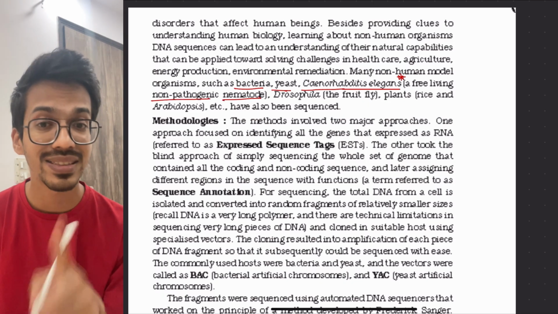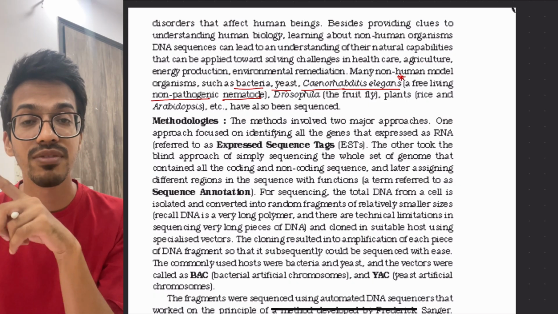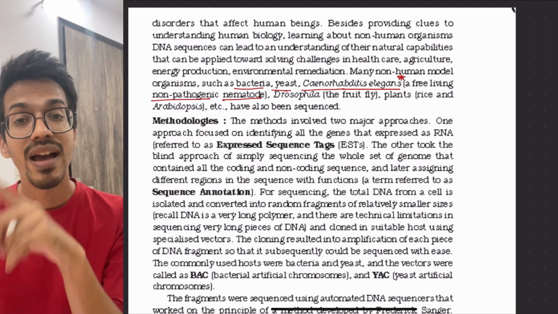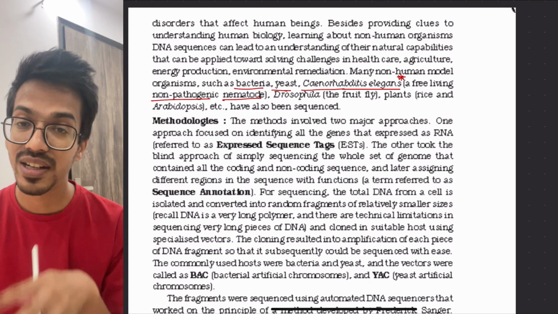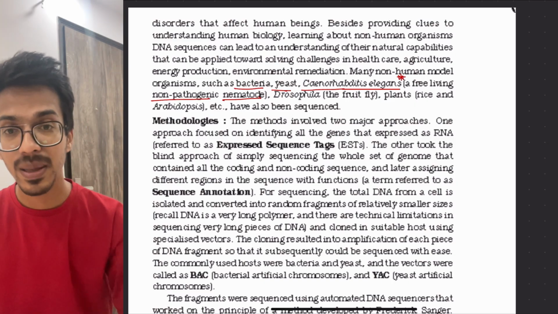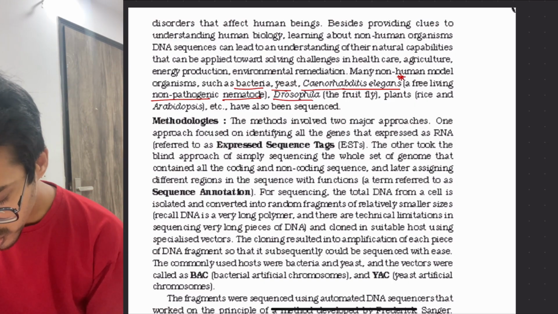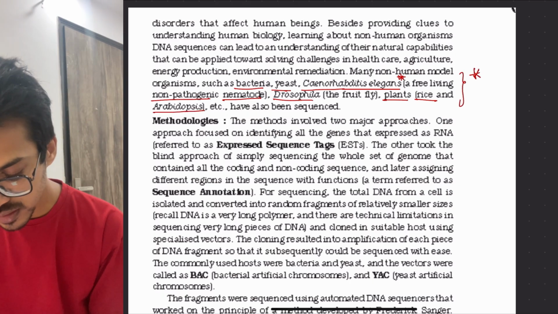Another example of Aschelminthes, besides the three examples given in your 11th class topic, is elegans, and another one we will study in biotech. Then Drosophila, which is a fruit fly, and plants like rice and Arabidopsis were also sequenced. This is an important topic.